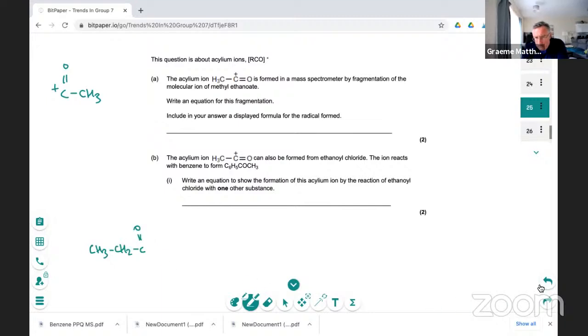Hold on, I got too many carbons. Methyl ethanoate, two carbons right here. So the two carbons, chemists, this is my ethyl, this is my methyl.